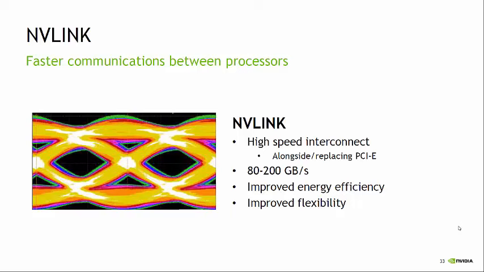I said that PCIe was 16 gigabytes a second. NVLink will be somewhere between 80 and 200 gigabytes a second. It's more energy efficient, and it's more flexible. You can connect GPUs and CPUs with NVLink in quite a number of different ways. That is coming in our next generation of GPU, Pascal, which I'll hopefully have time to talk about at the end of this presentation.